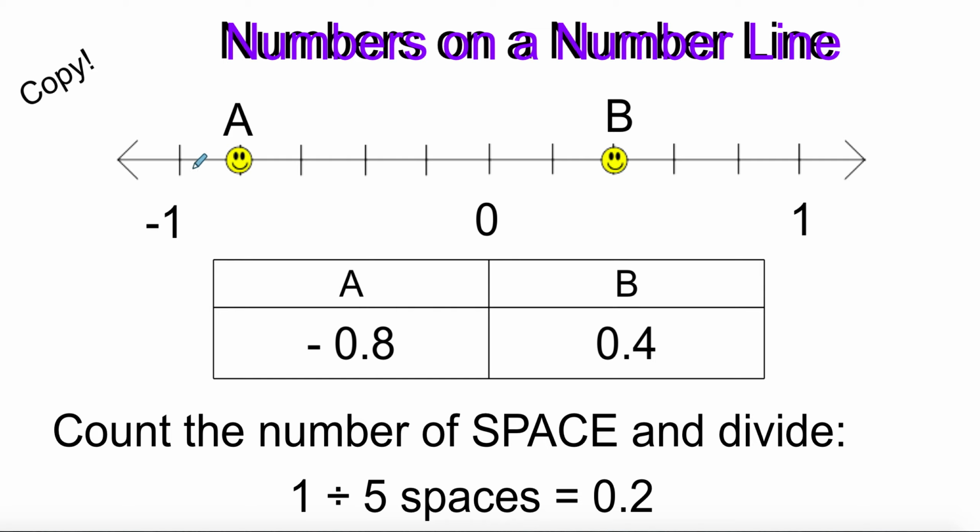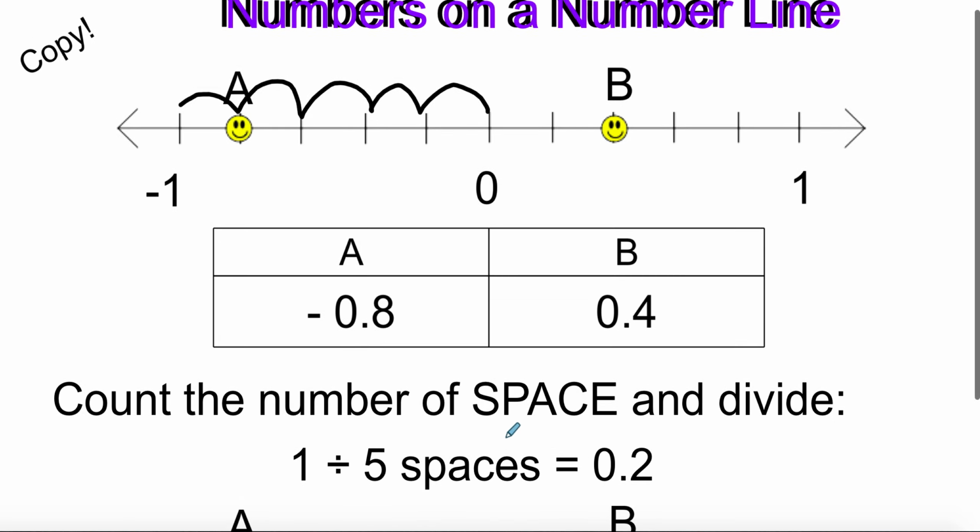So the distance between negative 1 and 0 has 5 separations, 5 lines, and we are trying to figure out how many points are in between. So we count the number of spaces and divide: 1, 2, 3, 4, 5, right? So 1 divided by 5 spaces is equal to 0.2.